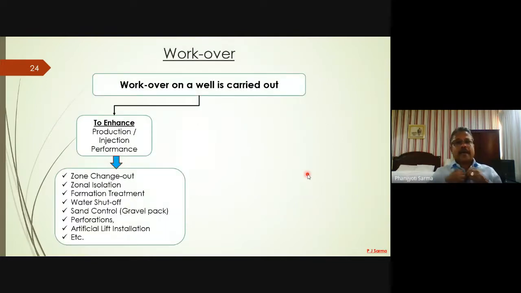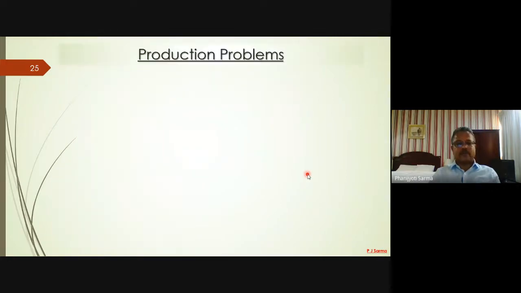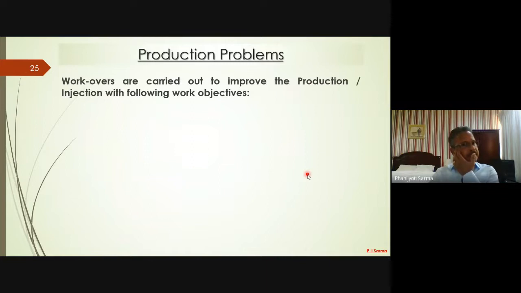Now the other type of workover operation is to enhance the productivity, which we have talked about, right? Zonal change out, formation treatment, water shut-off, sand control. These workovers are carried out because the well has some issue with the production.